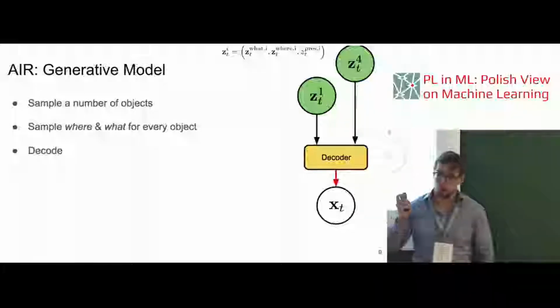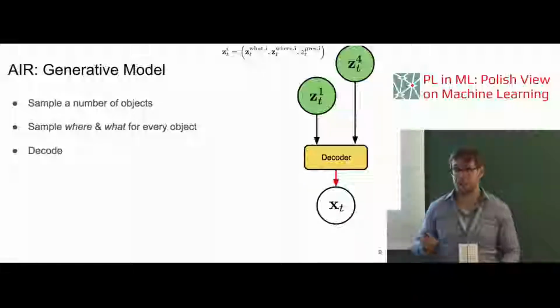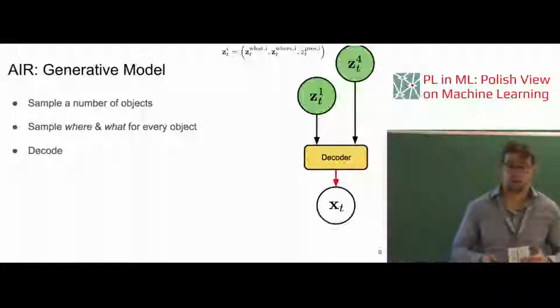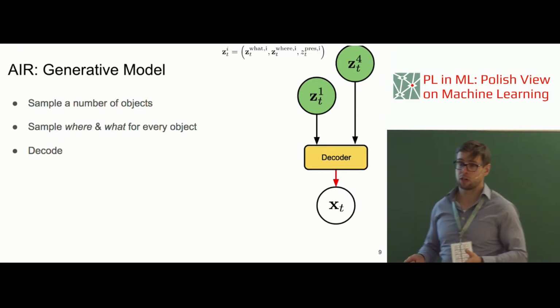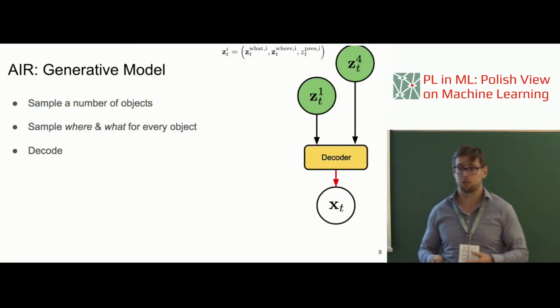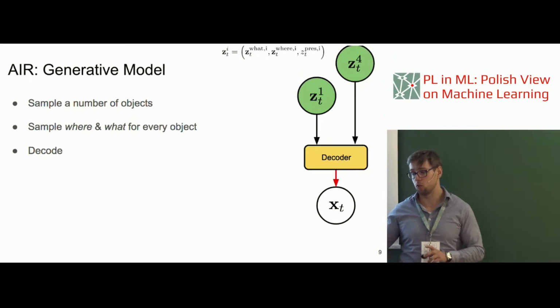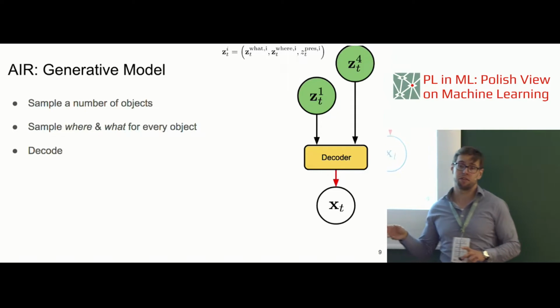So here, to generate data, first we will sample a number of objects in an image from some probability distribution. We could use a geometric distribution or maybe a categorical distribution or something similar. Then we have those three different latent variables, right? The number of objects is one of them.